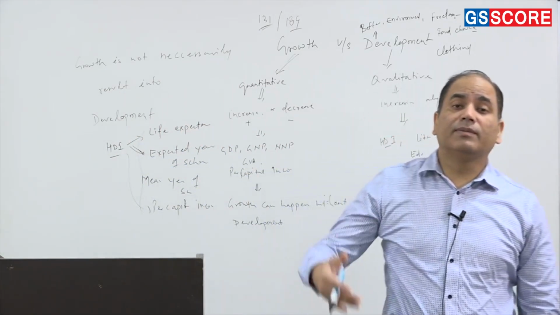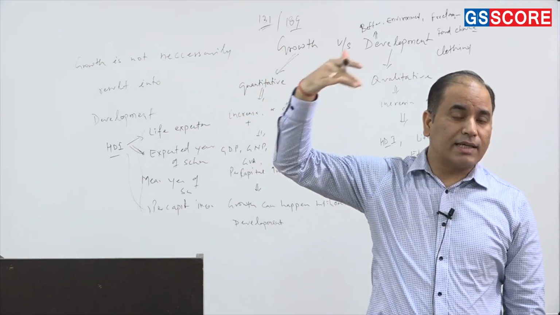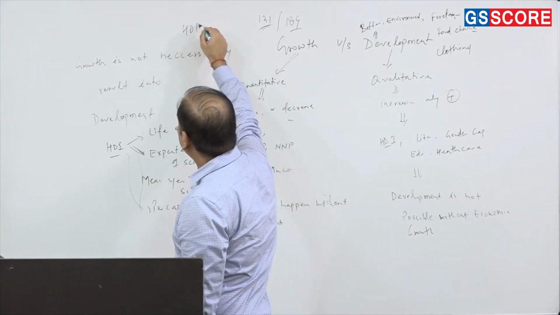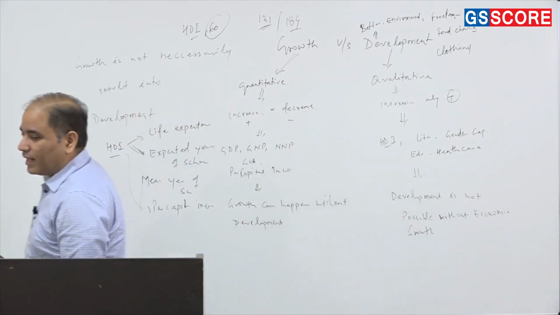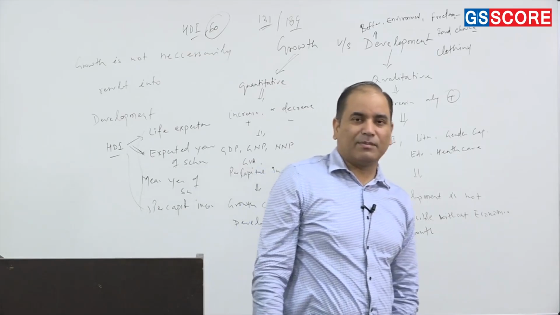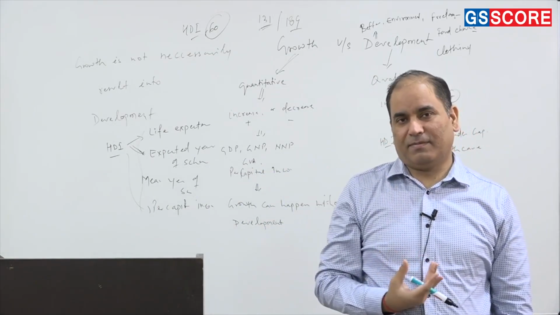You will find some countries, like Sri Lanka, whose HDI position is almost in the 60s. So it is much better, but what do you do with that development? It might be that the development is flawed, that it is not visible on the ground.